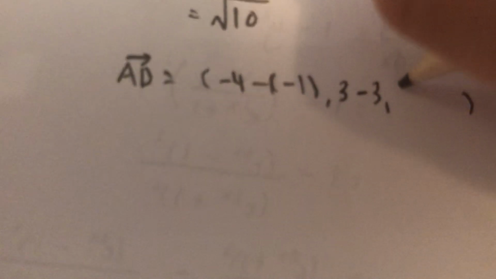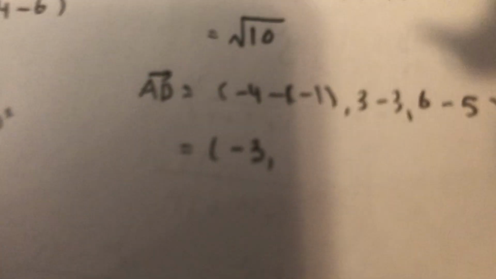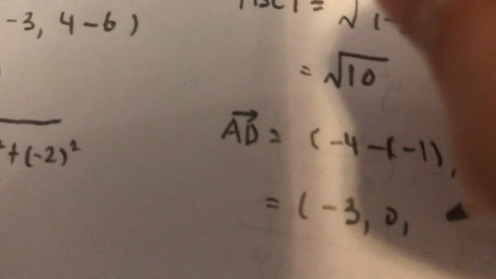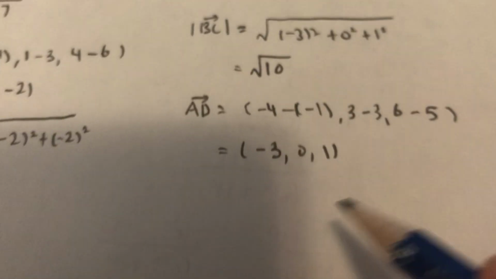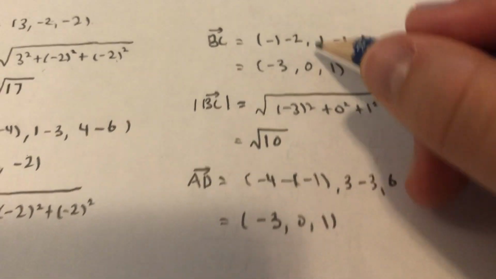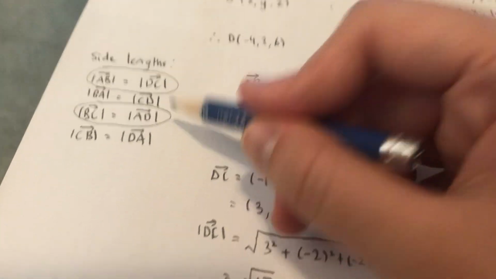Lastly, we need the z value of D, which we found here, 6, subtract the z value of A, which we have here is 5. So now to solve for this, -4 minus -1, that is -3. 3 minus 3 is 0, and 6 minus 5 is 1. So here we have the coordinates of vector AD. And it's the same as our vector BC, which means once you find the magnitude of this, it should equal this, and that will prove our statement here.